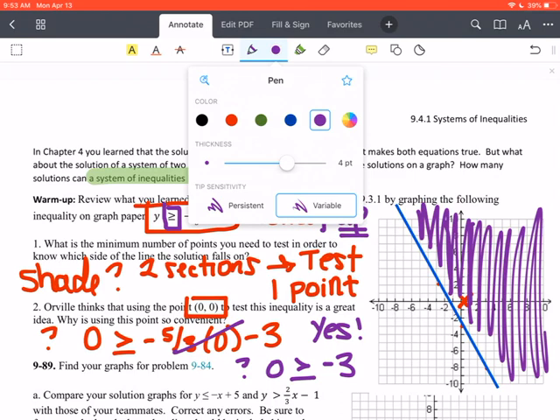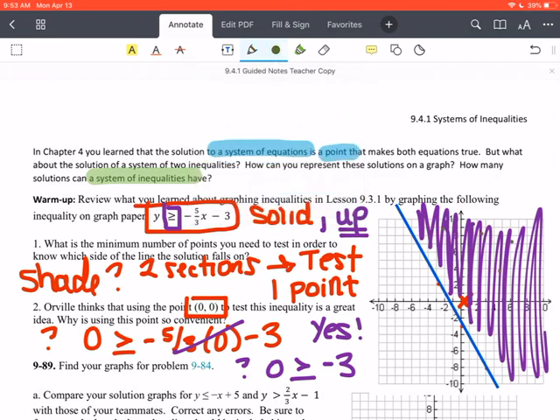So any point that you pick in the shaded region, whether it's decimal, fraction, nice whole numbers, all of these points are going to work. And let me also remind you that when it's a solid line, all the points on the line will make the inequality true as well.